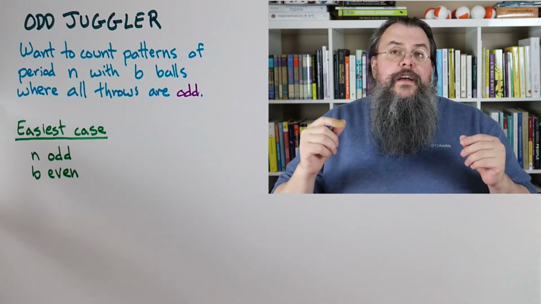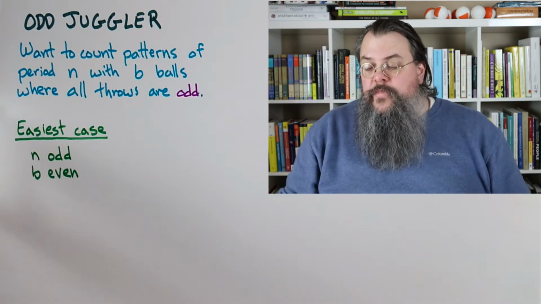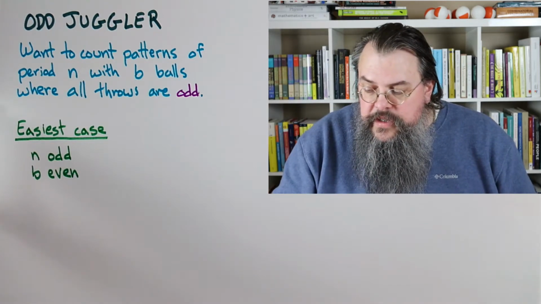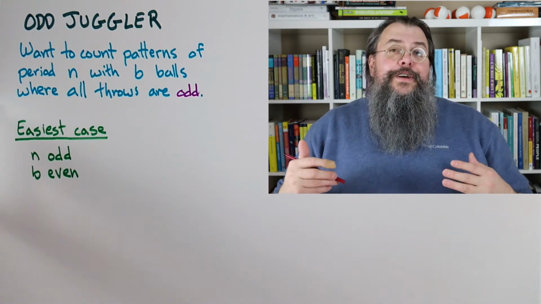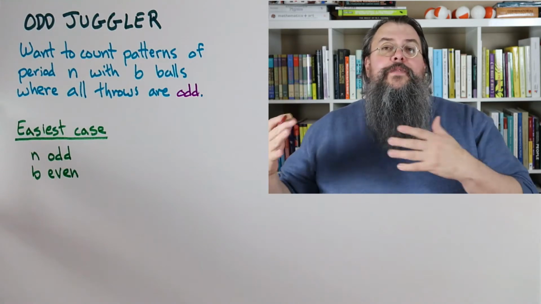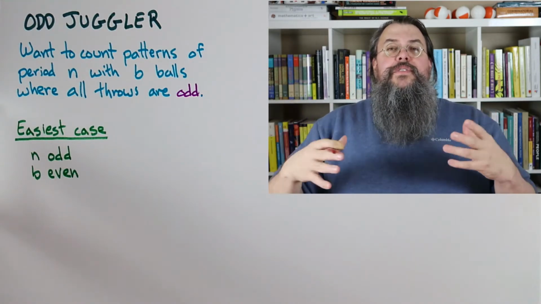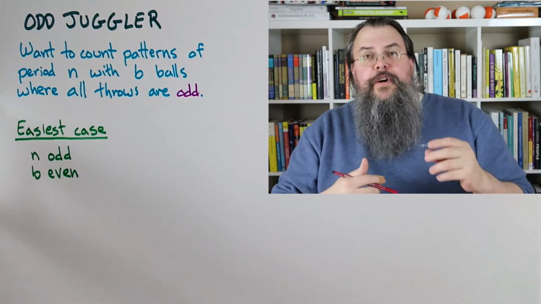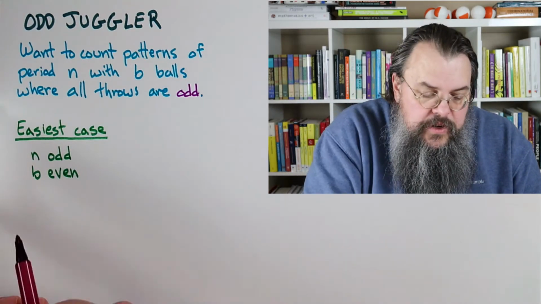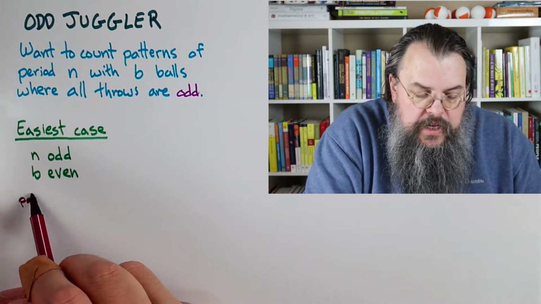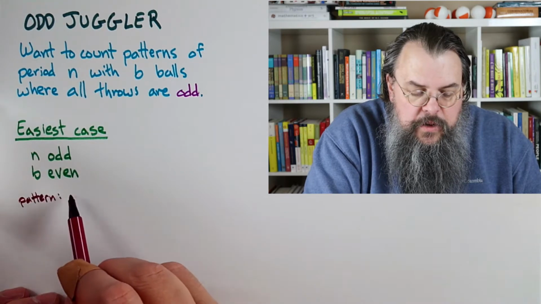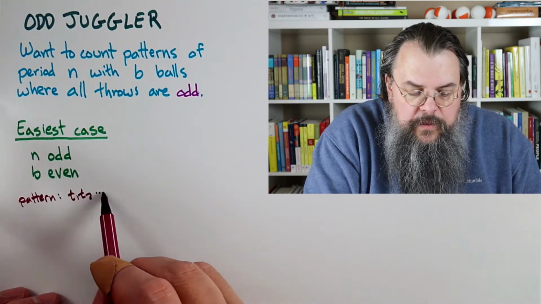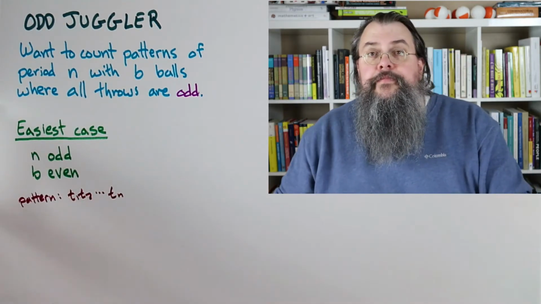Okay, what happens there? At first it sounds like there's going to be a lot of work here. But let's think about one of our patterns. Suppose we have such a pattern, T1, T2, all the way up to Tn.